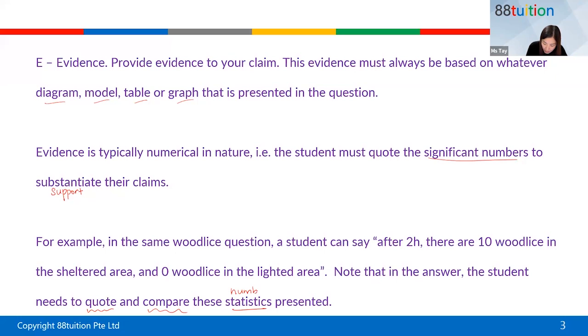Statistics means numbers, so he did put in the numbers. 10 wood lice in where? The sheltered area. The sheltered area is dark, whereas the lighted area has light, so it's bright. Evidence like this is important.